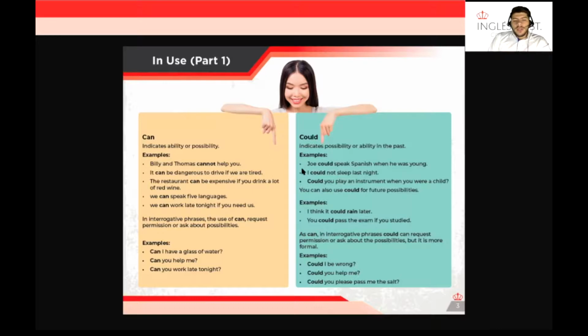Okay, what about a future possibility? Gonzalo, can you think of something that could happen to you today or tomorrow, or that you could do? I think I could be healthier tomorrow because today I'm coughing too much.